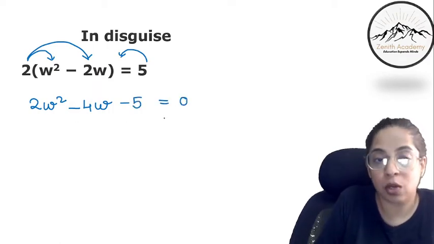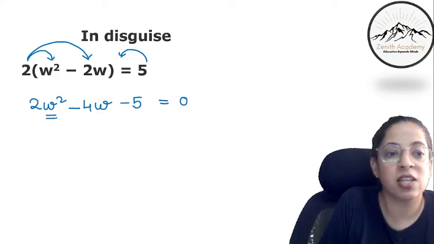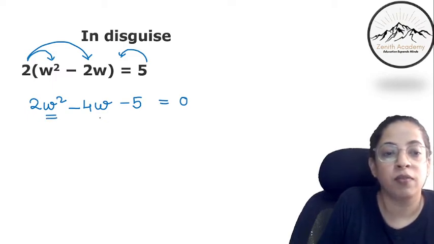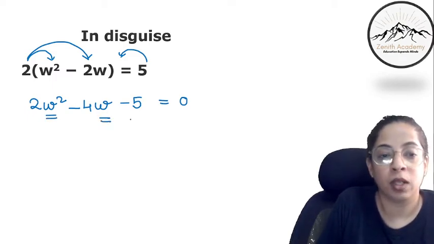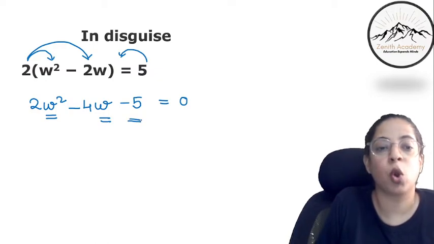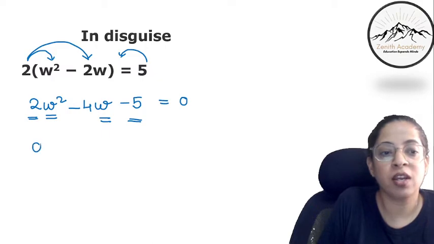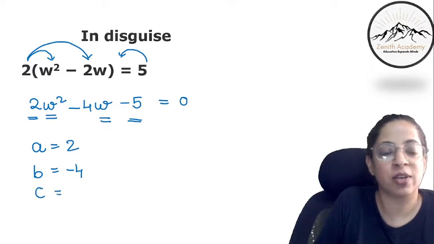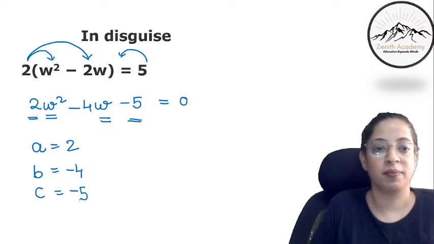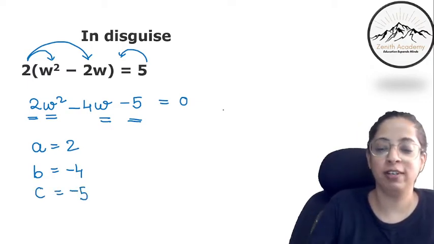So yes, this is a quadratic equation. See, this is the variable with power 2, variable with power 1, and this is an absolute term or constant, a non-zero number. So here a is equal to 2, b is equal to minus 4 and c is equal to minus 5. I hope you have understood.